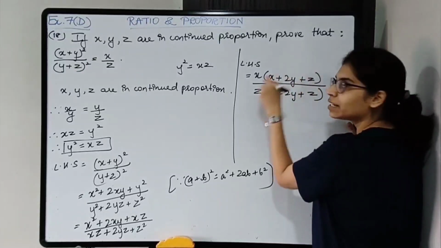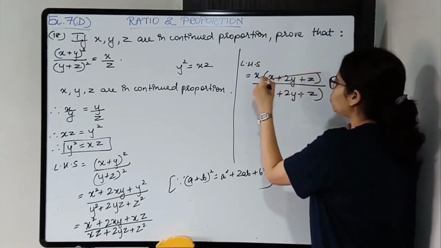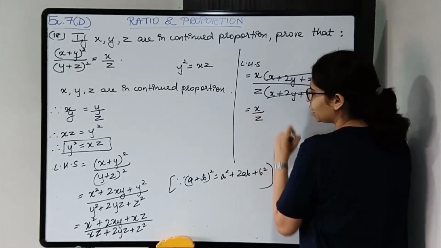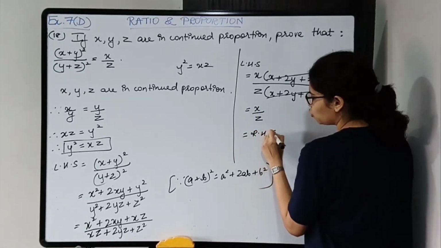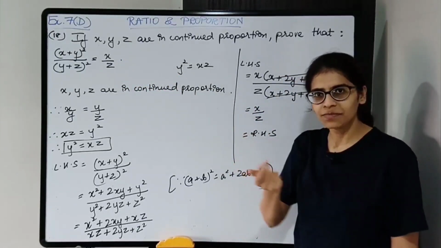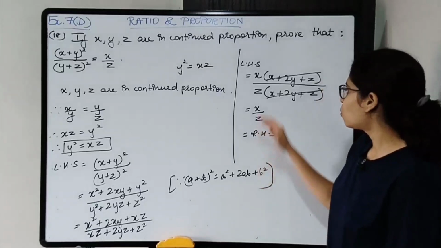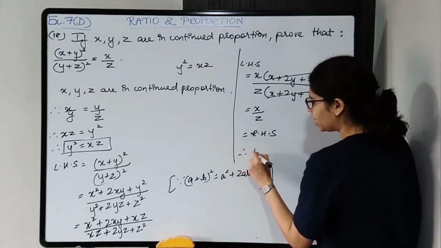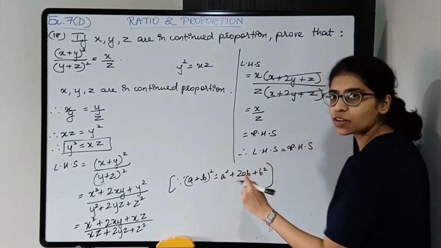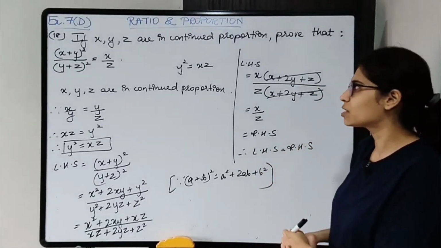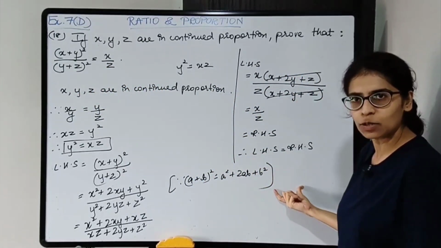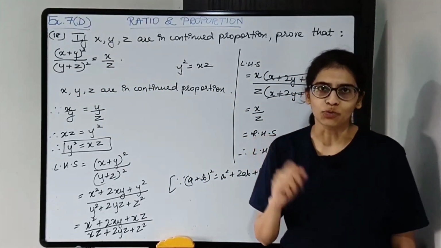I can cancel out the entire bracket, it's the same. So cancelling the entire bracket, you are left with x upon z, that is nothing but RHS. This is what we wanted in RHS. Got it. Okay, so after this you will write down therefore LHS is equal to RHS, and after this write down the entire LHS and entire RHS. LHS is this, RHS is this, so this is equal to this. Write the full thing here later, and after this hence proved.